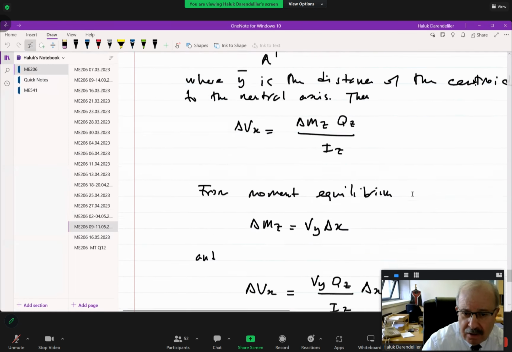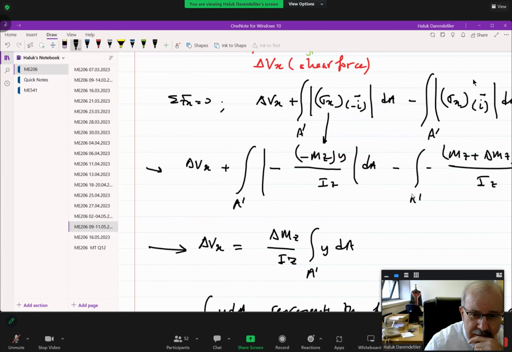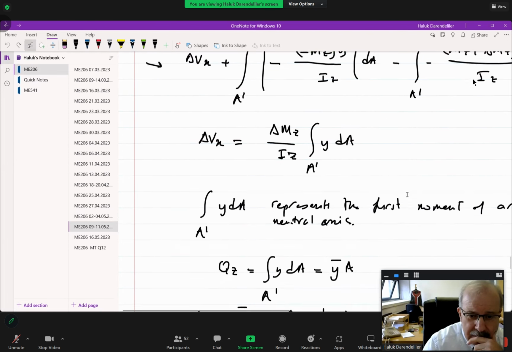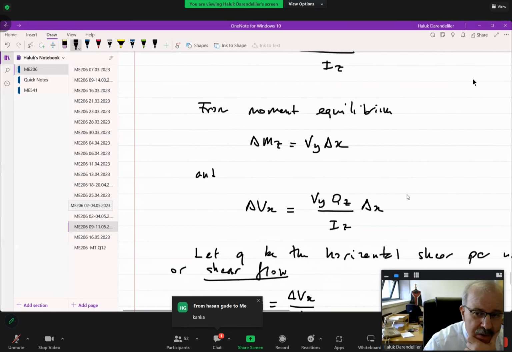After long derivations, we obtained Vx here. Okay, this is Qx. Now, the integral is Qx. So, at the end, this is the Vx value that we obtained. And then, replacing Mz with Vy over delta x, the last form of the Vx is this, Vy Qz over Iz delta x from last week.